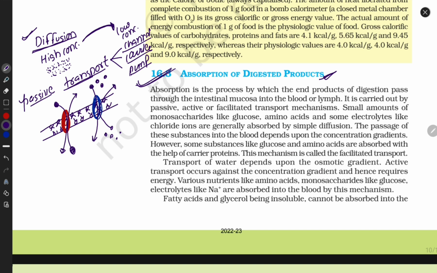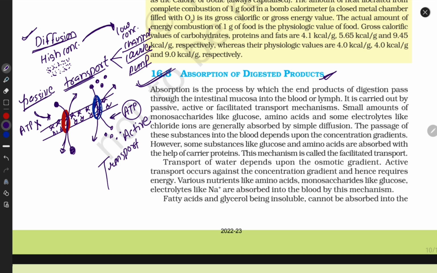If they require energy, if they use ATP for this transportation, we call it active transport. And if they pass molecules outer to inner side and inner to outer side, if they don't require ATP, we can call it passive transport.